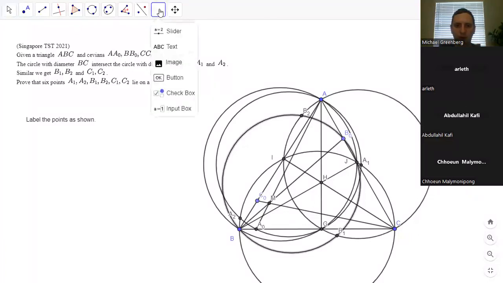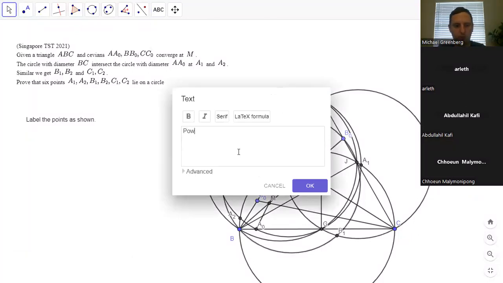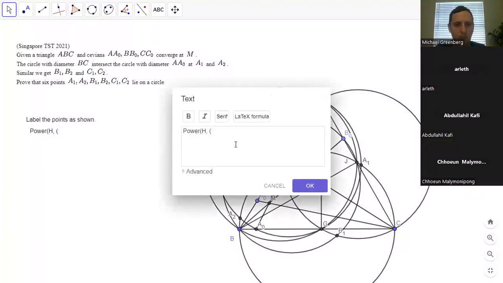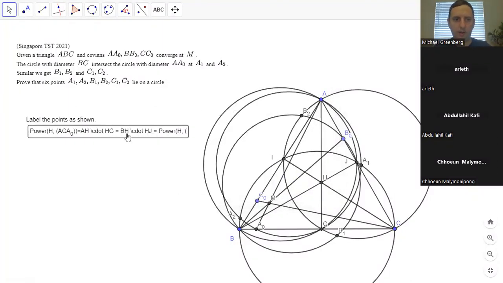So yeah, I'll write it like this: power of H with respect to the circle A G A naught is equal to AH times HG, which is equal to BH times HJ, which is equal to the power of H with respect to the circle B J B naught.